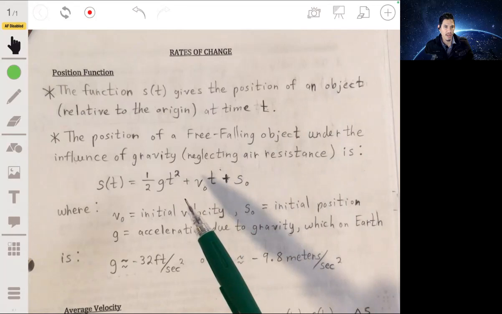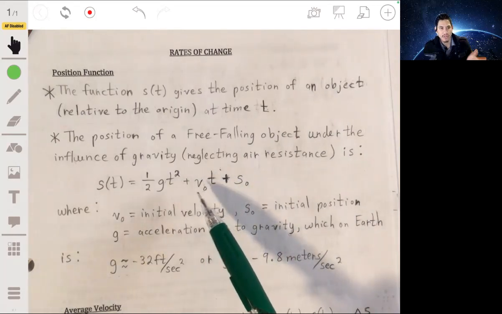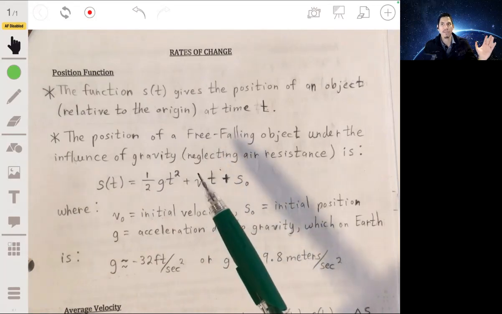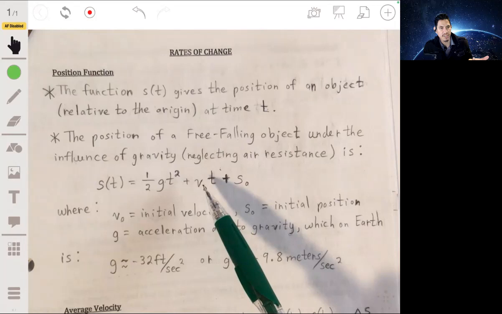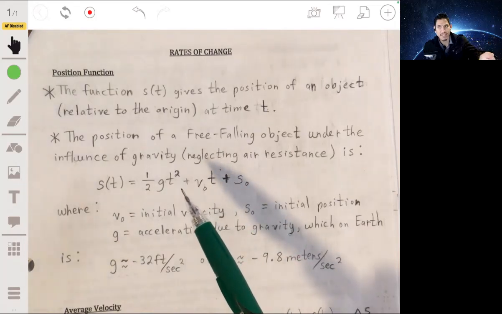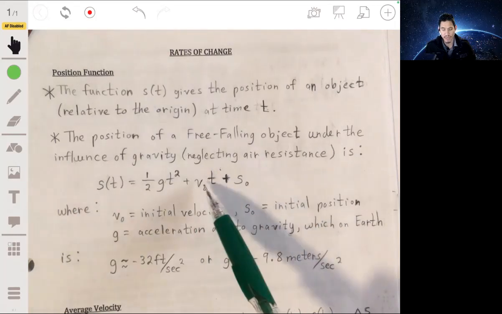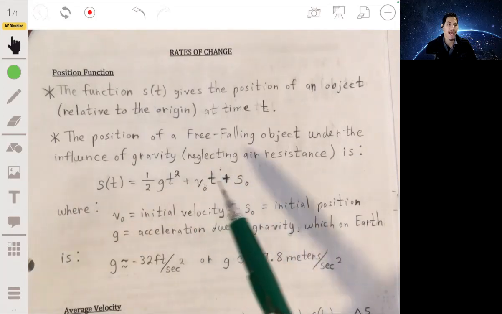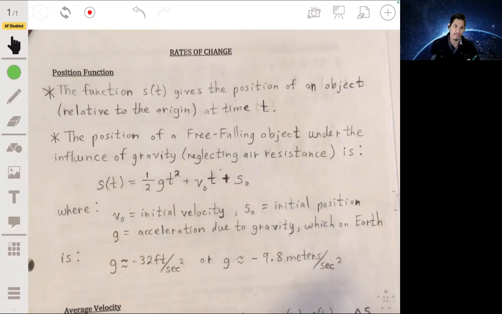Now, what about v naught? v naught is your initial velocity. v in general will represent your velocity, and v naught is your starting velocity, when t is 0, or whenever the problem says it starts. And s naught will be your initial position, the position at the start of the problem.